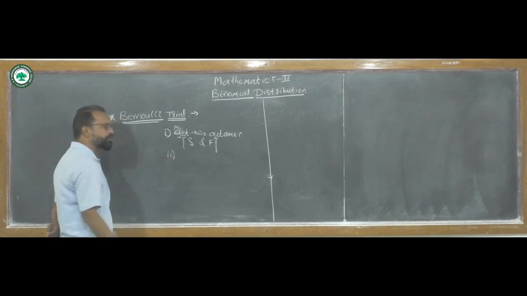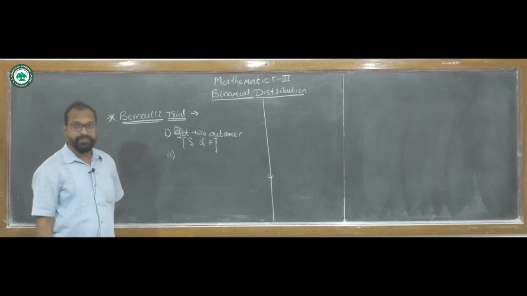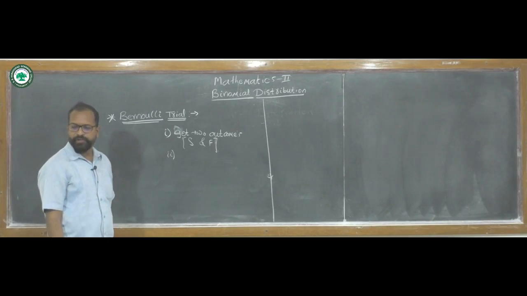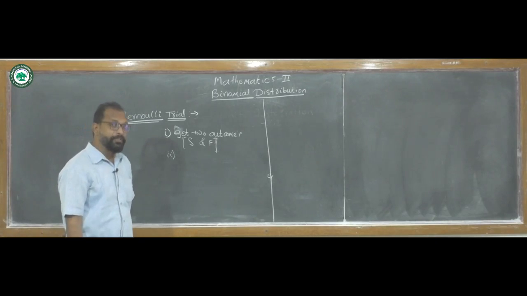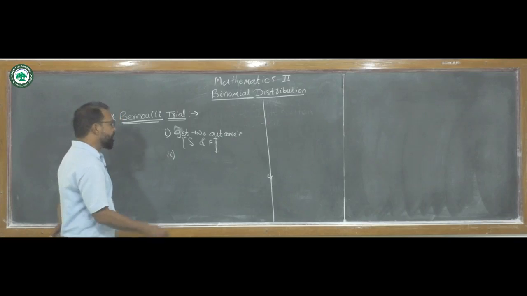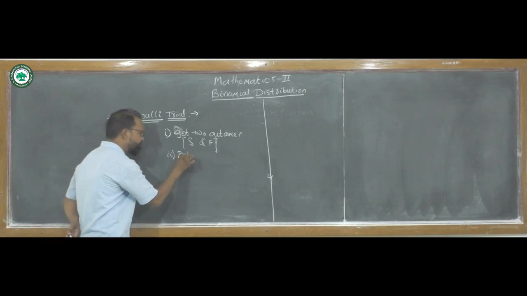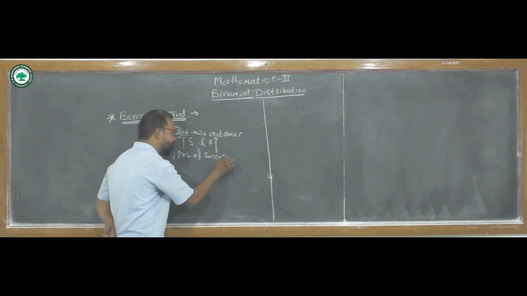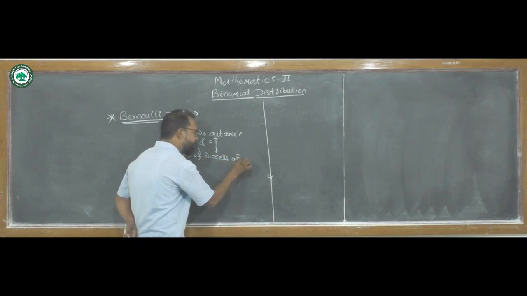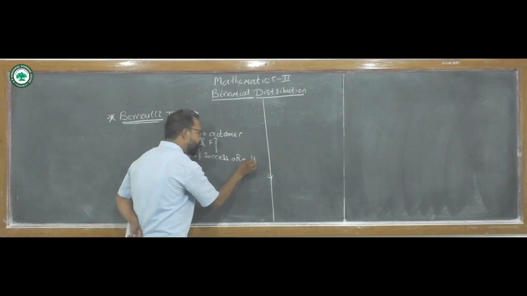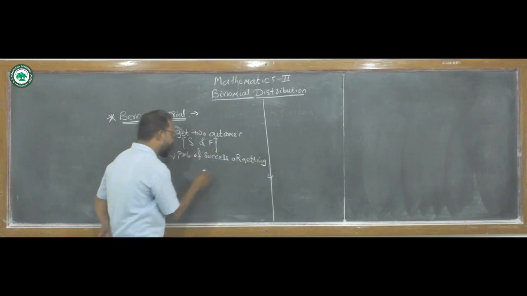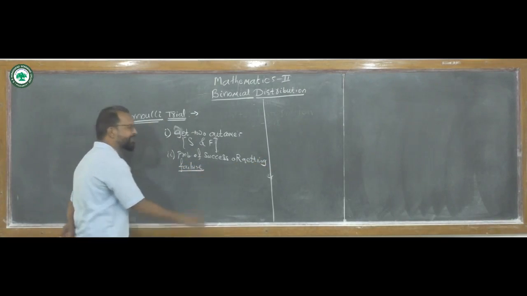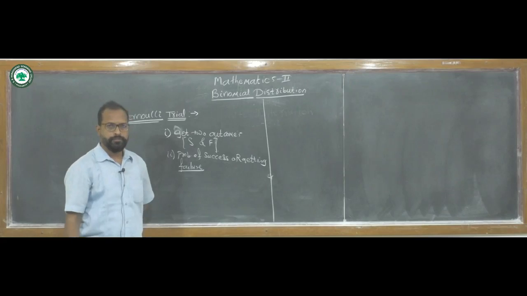And the second condition: the success and the failure remain the same in each trial. That means the probability of getting success or getting failure is the same in each trial.